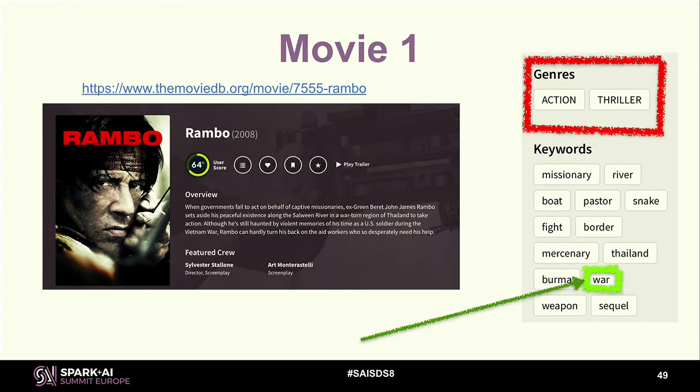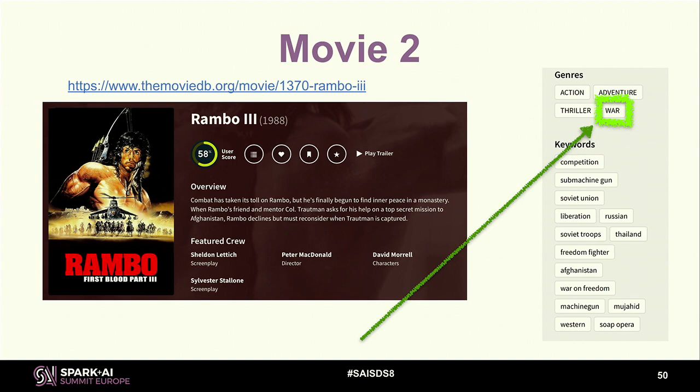There are 3 movies that I looked at for this demo. First, there's the original Rambo movie, which has this unique identifier in TMDB. It is not a war movie in terms of its genre. However, inside the keywords, it does mention the term war. Second movie is Rambo 3.